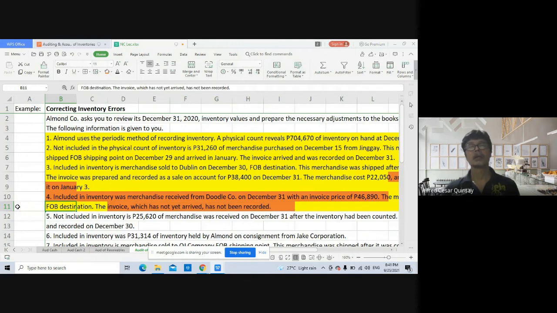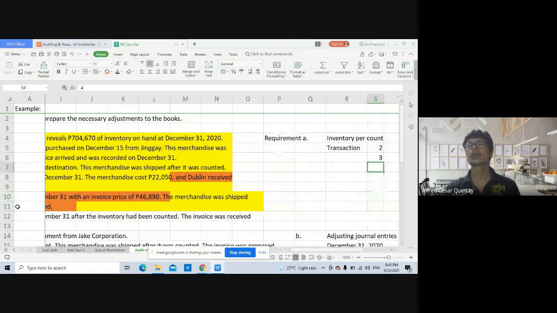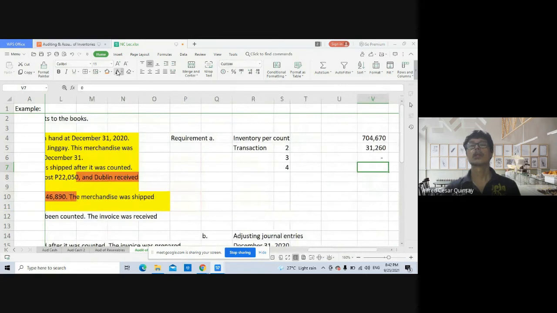Okay? And then number 5, so lagay muna natin dito, no? Okay, so transaction number 4, that should be na tayong kailangan gawin, no? Because we have already included that in our inventory, no? Okay?